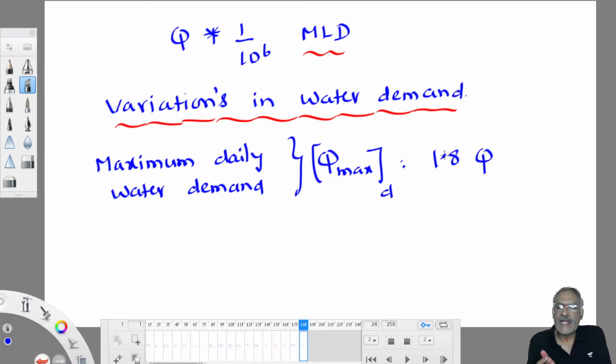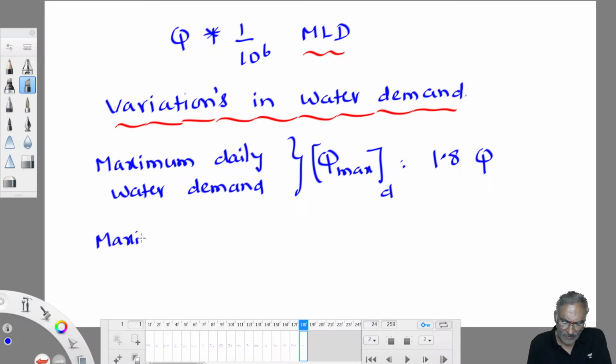Suppose you are designing a beam for a 20 ton load, which is the service load or working load. But we don't design for working load or service load, we design for factored load. How do we arrive at factored load? By multiplying the working load or service load with 1.5 or 2 or something like that. Exactly the same way, maximum daily water demand is equal to 1.8 times the average daily water demand.